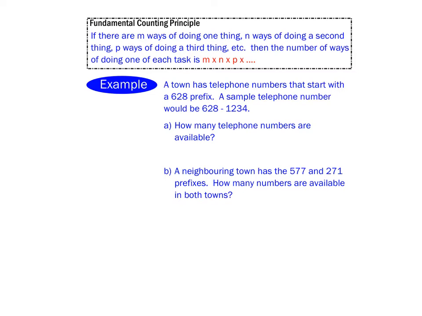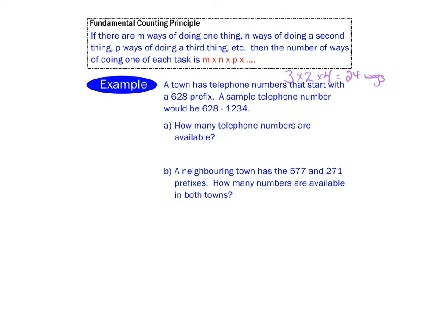So there were 3 types of sounds, 2 types of vibrations, and 4 different colored lights. 3 times 2 times 4 is 24, which corresponds with the answer that we got.